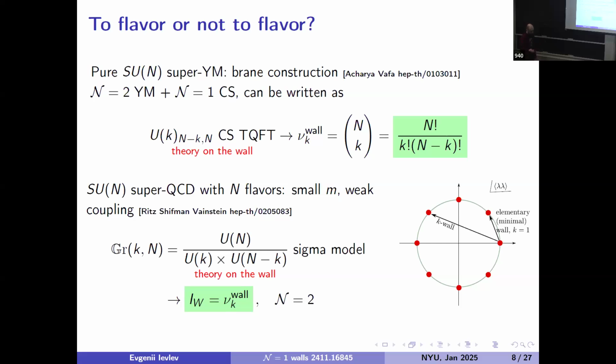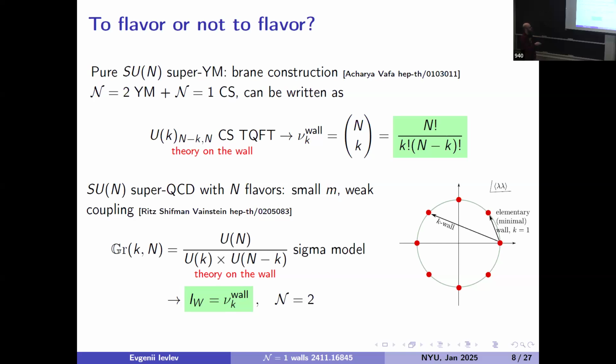The question that we actually wanted to solve is the following. These domain walls have been studied by different people, and roughly speaking, this slide summarizes the main results. For example, Acharya and Vafa studied the domain walls in pure Yang-Mills without quarks.